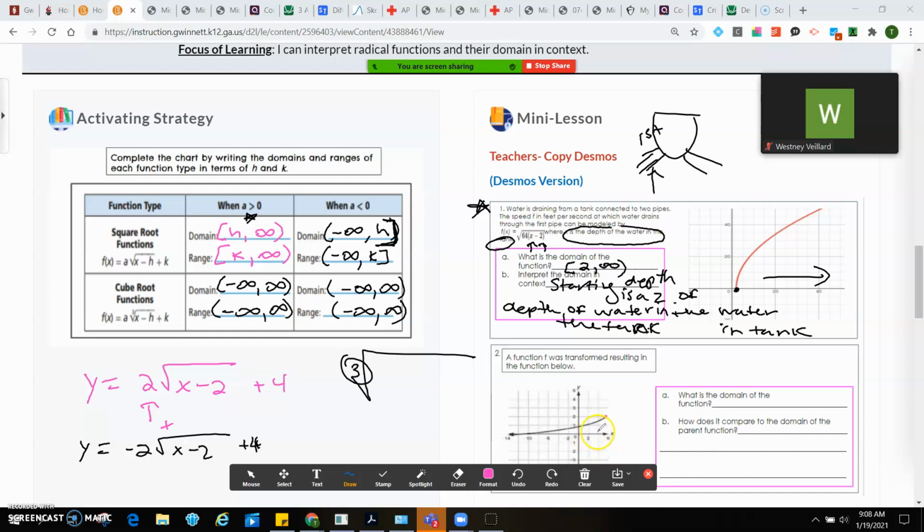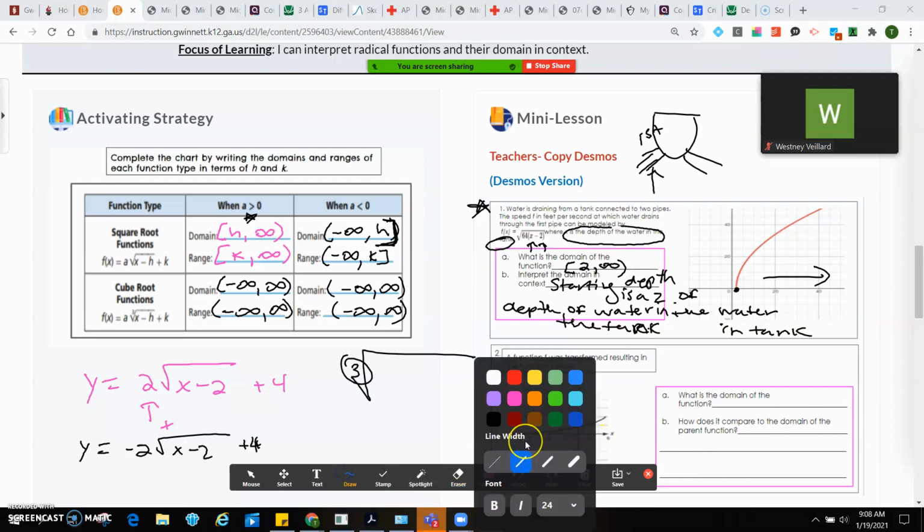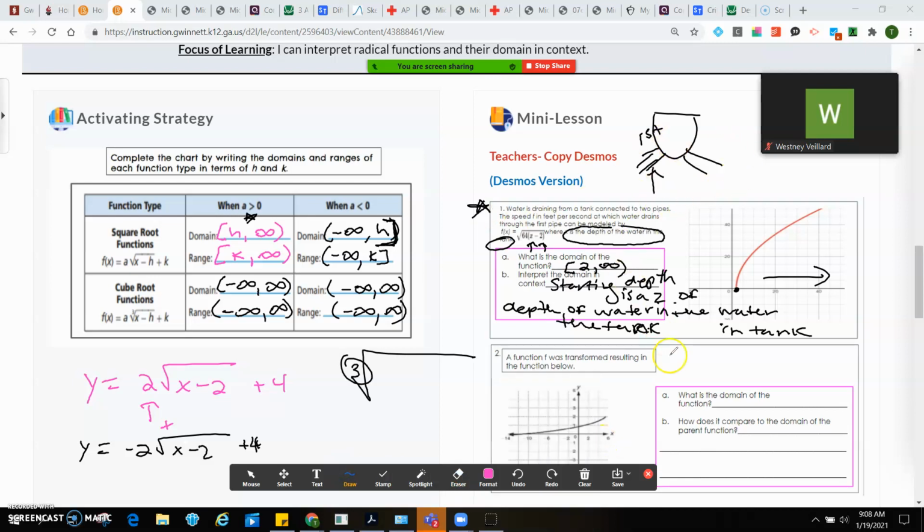Now this line is going up by 2's, and this point is almost 6, but not quite. So it's kind of in the middle, and in between 4 and 6, there's the number 5. So our domain is going to be negative infinity, because this is going to the left, to 5.